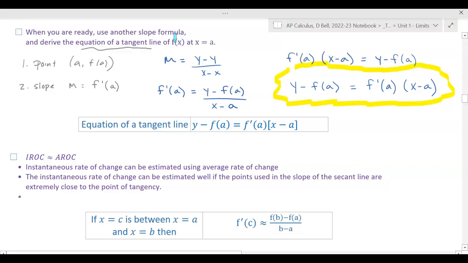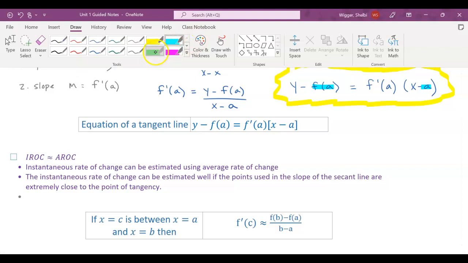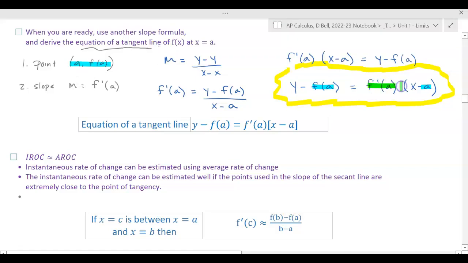Now it's just in calculus notation. The point is a comma f of a, and the slope is denoted as f prime of a. So it's still y minus y equals m times x minus x, replaced with the calculus notation.